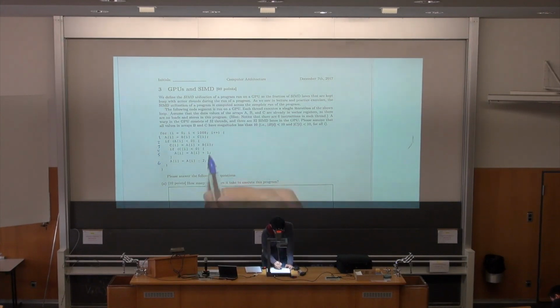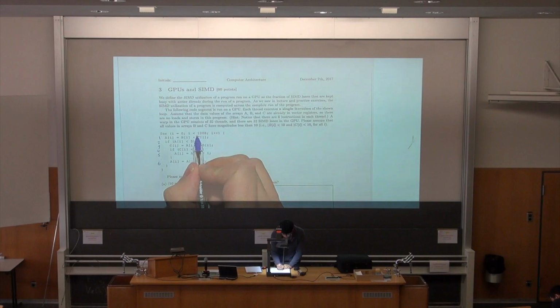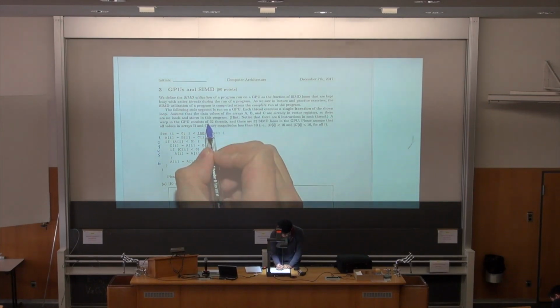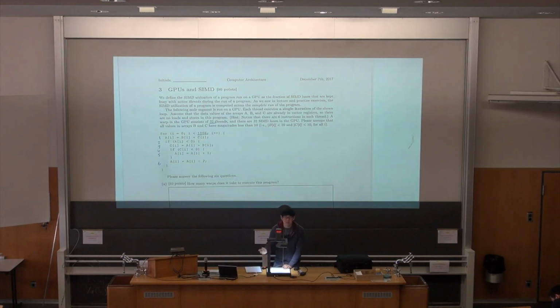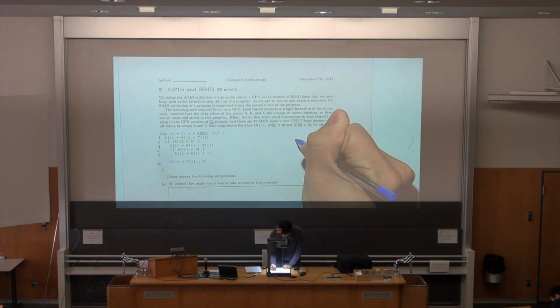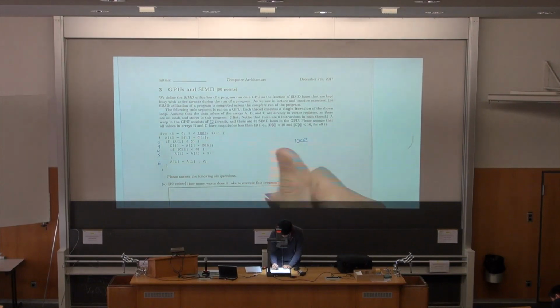Given that we have 1,008 loop iterations here, and our GPU warp size is 32 threads, we need the ceiling of 1,008 divided by 32, and that turns out to be 32.